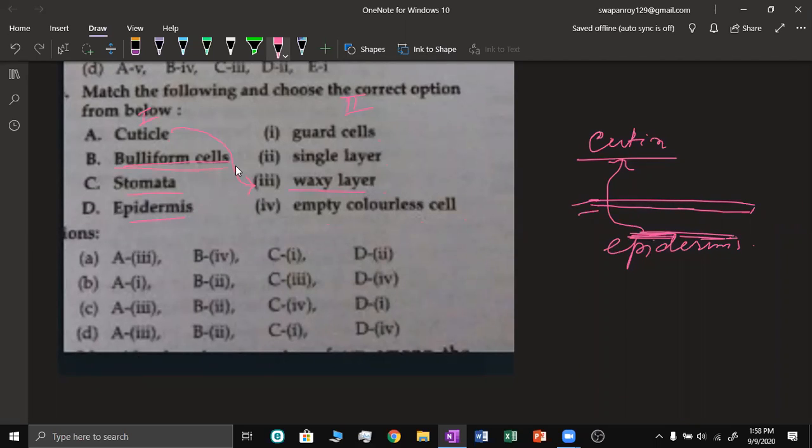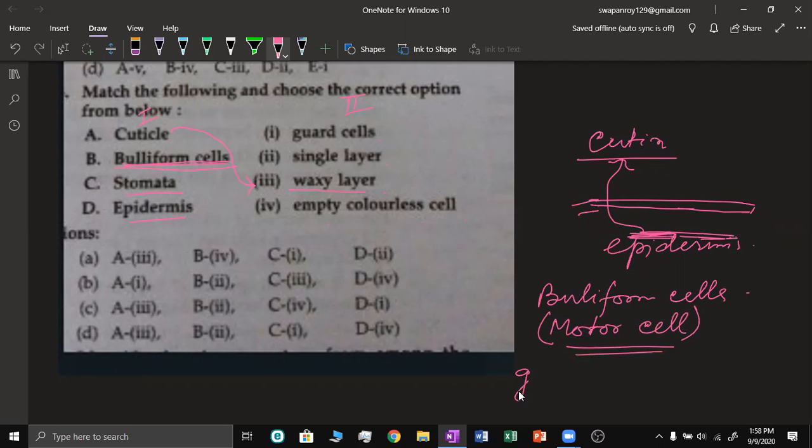Bulliform cells, this is also known as motor cell. These cells are found in grass leaves and some other plants, in the grass leaf epidermis.